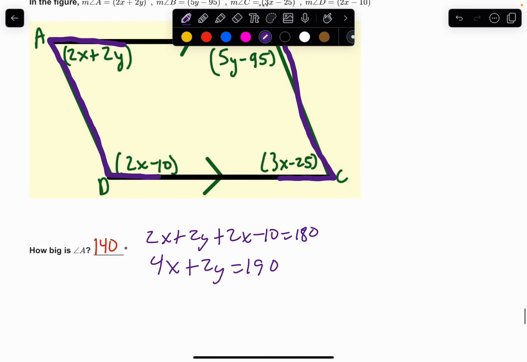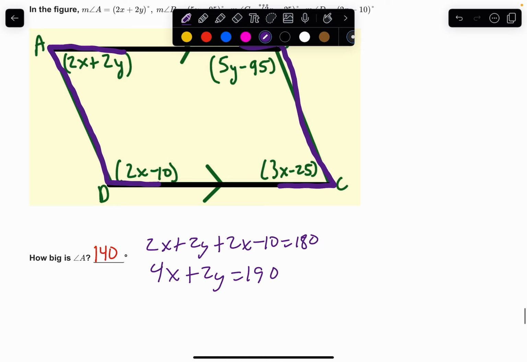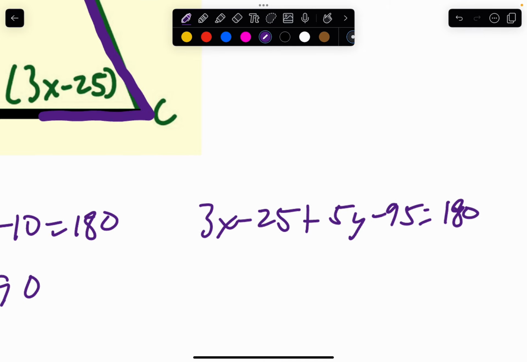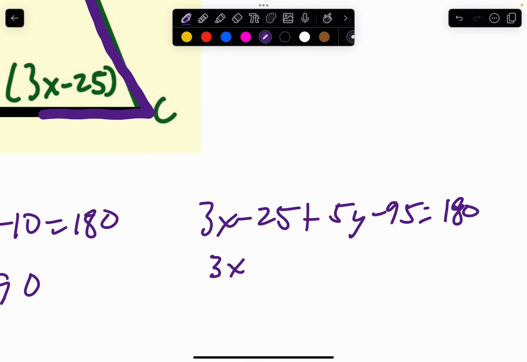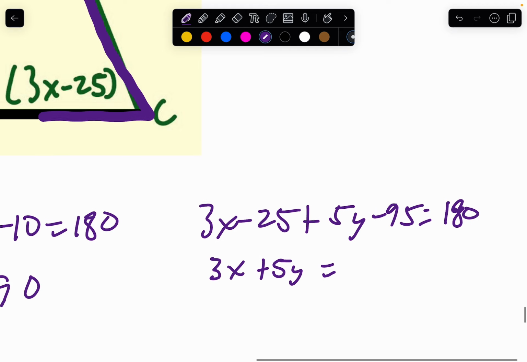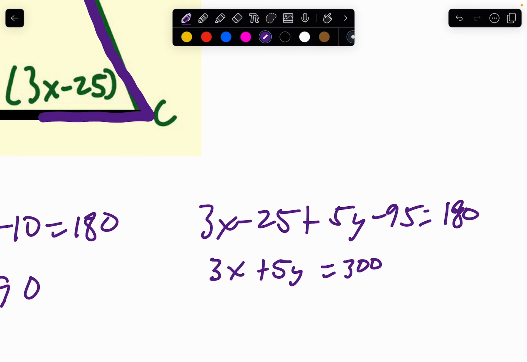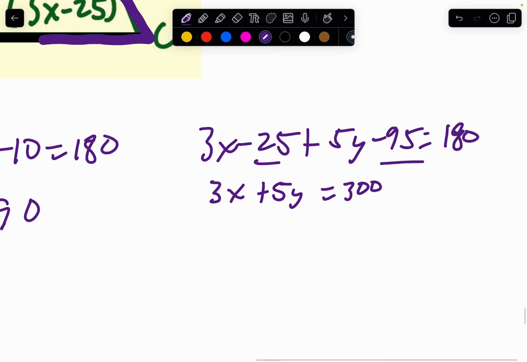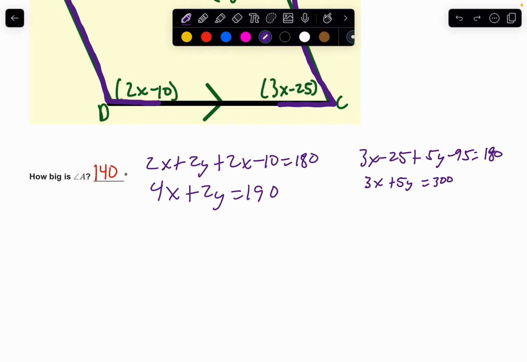The other side is going to be 3x minus 25 plus 5y minus 95 equals 180. Clean that up and you get 3x plus 5y, and moving 25 and 95, that'd be 120, added over, that would be 300. So I moved those to the other side and I got 300 over there.